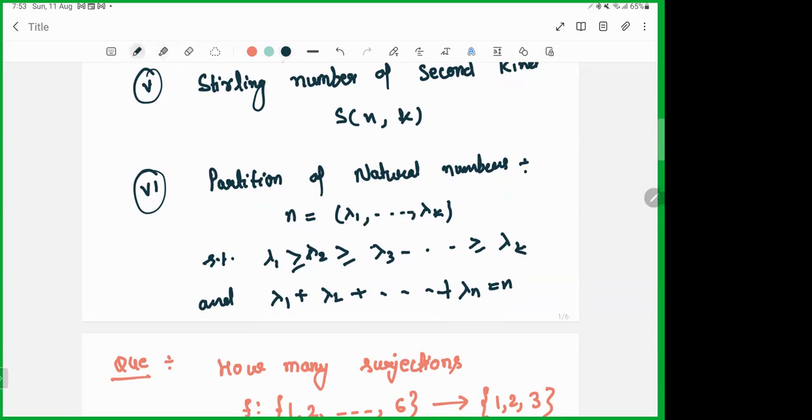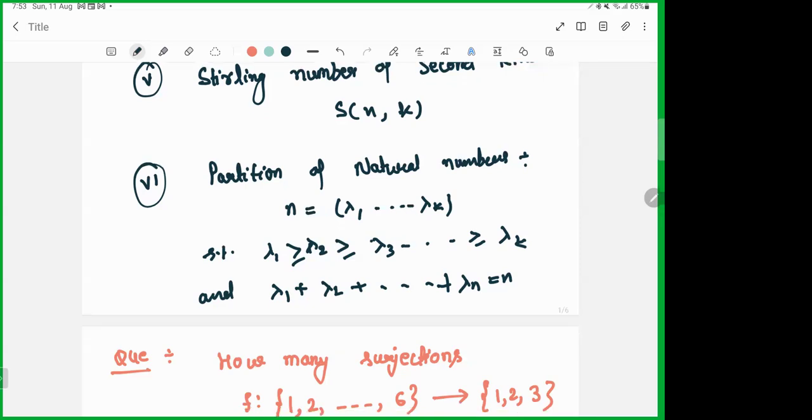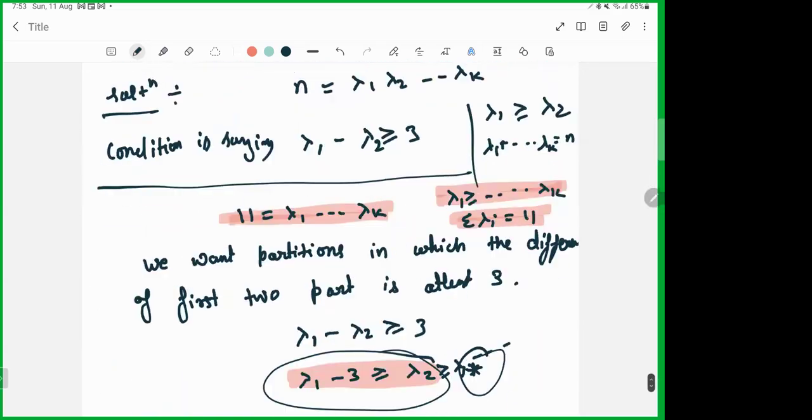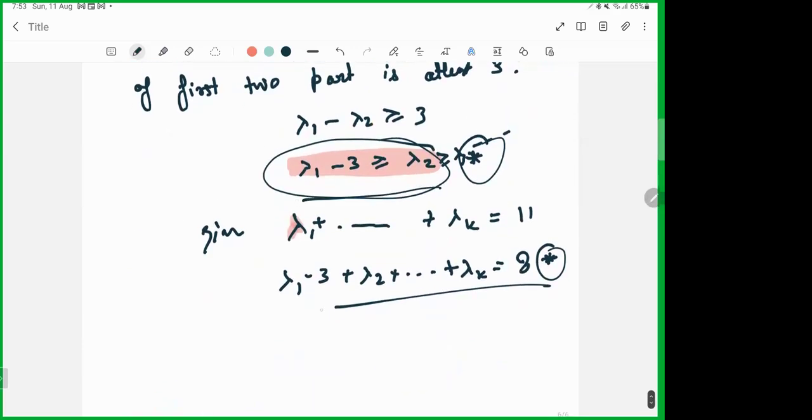We don't need to write a comma when writing a partition. This is the definition. Is the definition clear? Yes, clear, sir. If the definition is clear, then these two things are saying something to you.